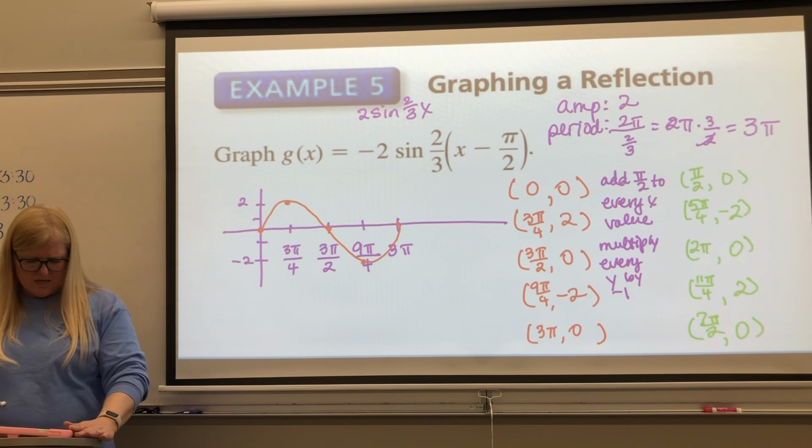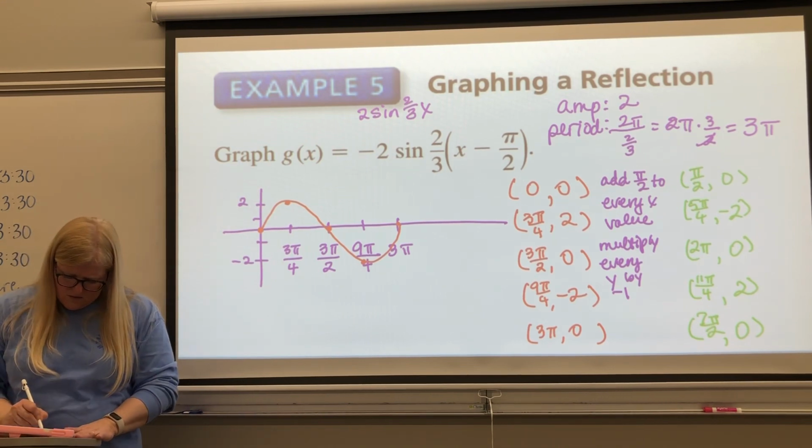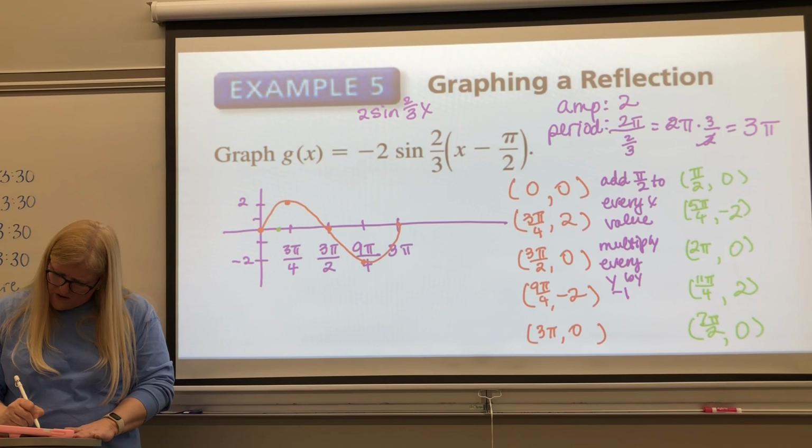All right, and then pi over 2 is about right there. And then we're going to go down to 5 pi over 4, -2, about right there. And then back up. And then here. And then here.